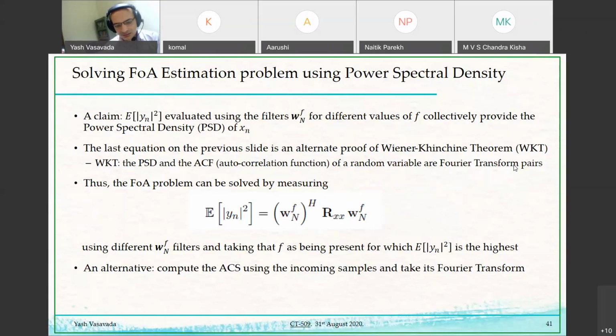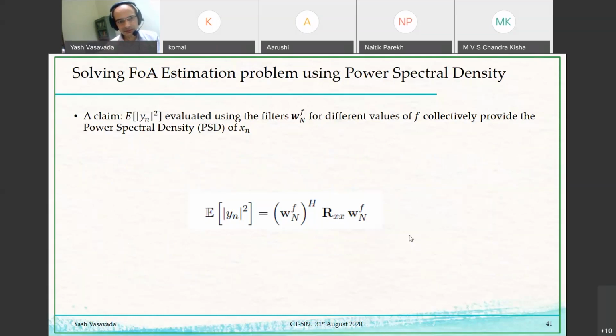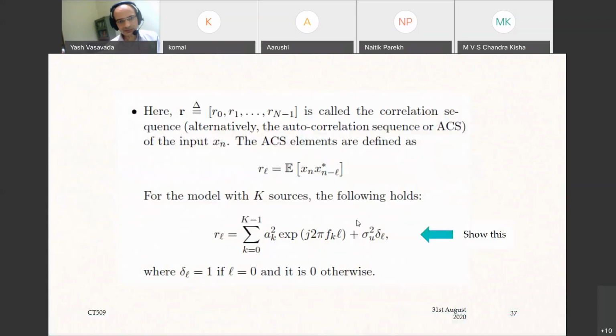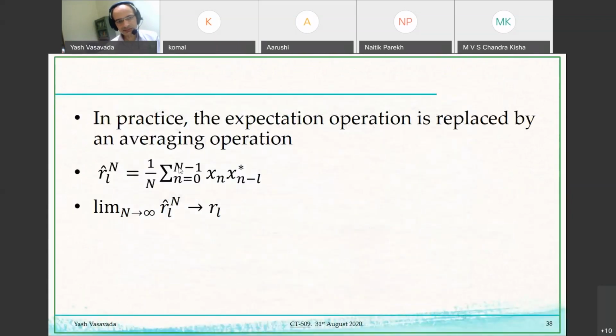Sir, in the second alternative, we are computing ACS using the average function which you described earlier, but the second line which you wrote says that we have to take a large number of samples. No, I'm saying let us say the number of samples capital N is the same. That is why I use the same variable N. Capital N is the same in both the approaches.